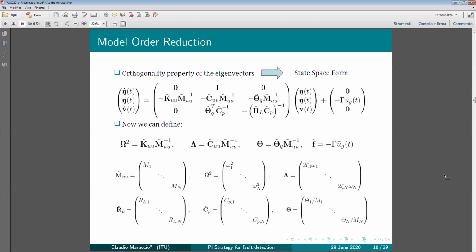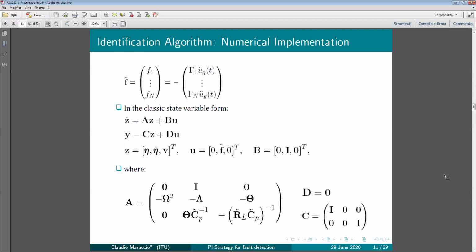After the introduction of gamma, lambda, theta, and F tilde, we can express the problem as a function of a matrix A that collects the unknown parameters that are required to describe the device response. So a classical state variable form is finally achieved.